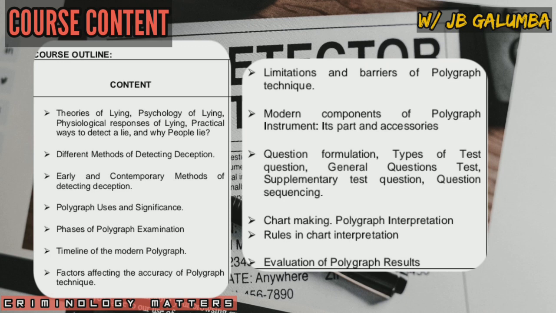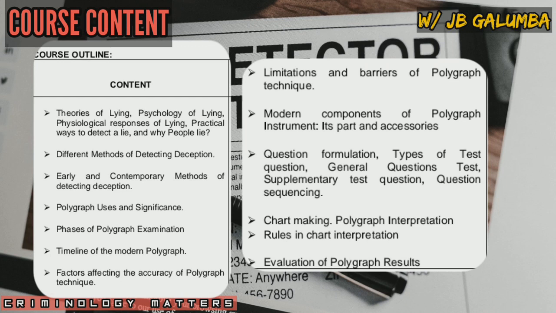Other things, the environment. Were the polygraph room guidelines followed? Does the area where the polygraph examination was conducted have no disturbance to the subject, to the examiner, and so on? If it has any of the things that we can call a distraction, then the result might be contaminated. What are other factors that we should take into consideration?